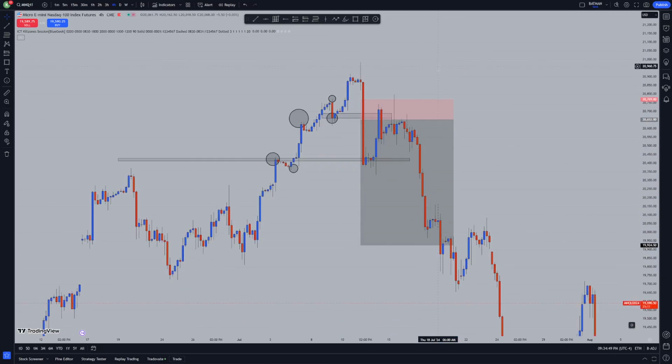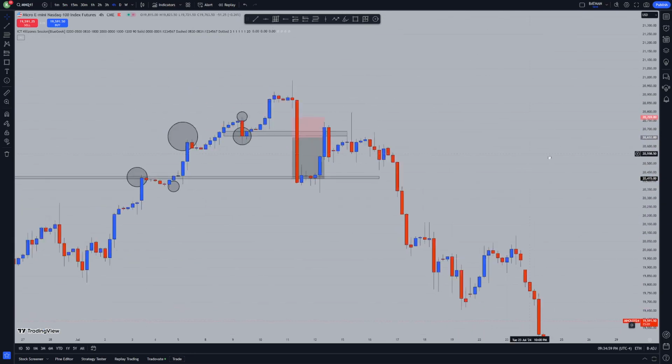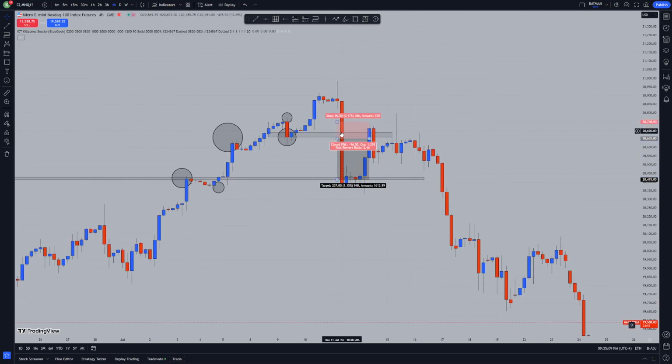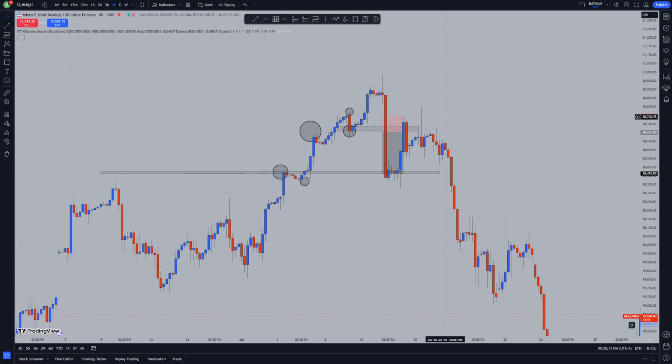You can definitely aim for the next resistance right here. You can aim for a 1 to 2. You see, once it breaks support on a higher time frame, you can now use that as your indication to place a trade.